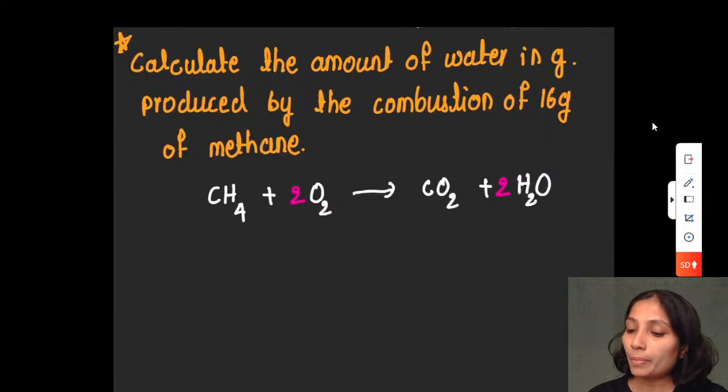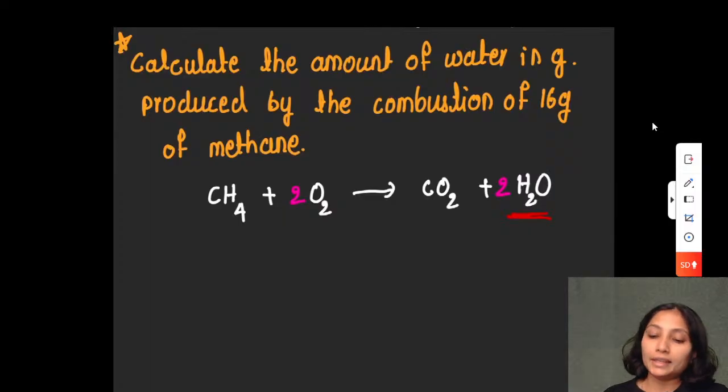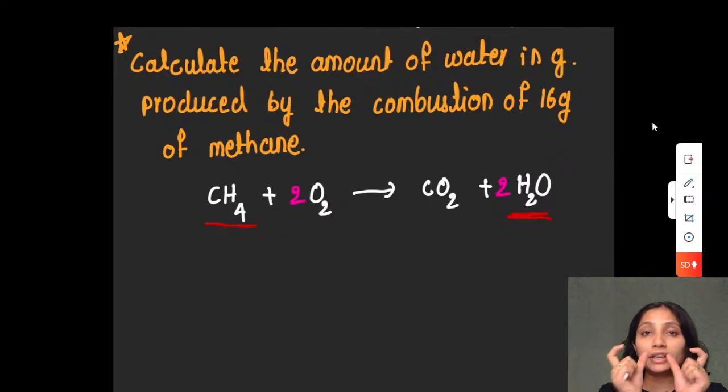See the question. What is given? Calculate the amount of water. What we have to calculate? We have to calculate the amount of water in grams produced by combustion of methane. So we want a relation between H2O and CH4.